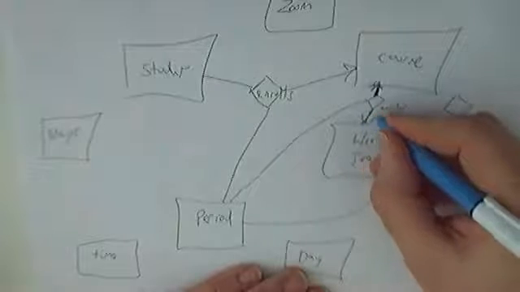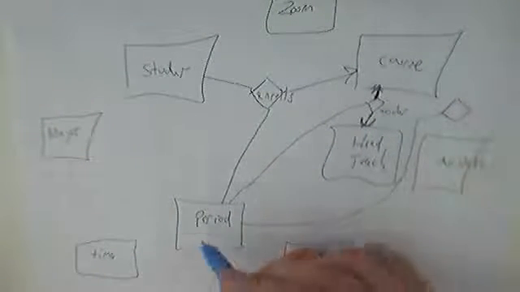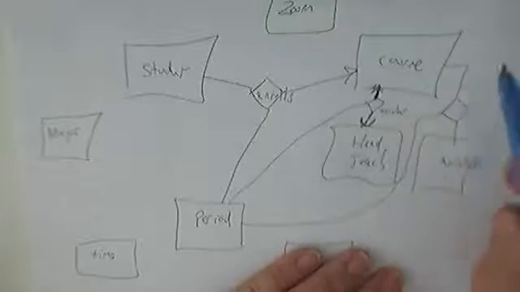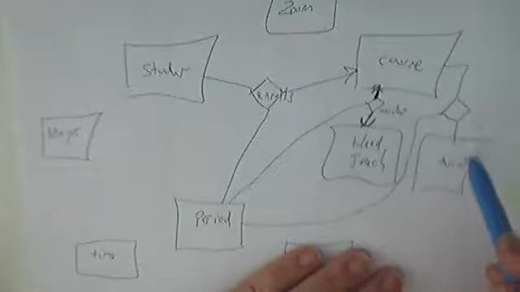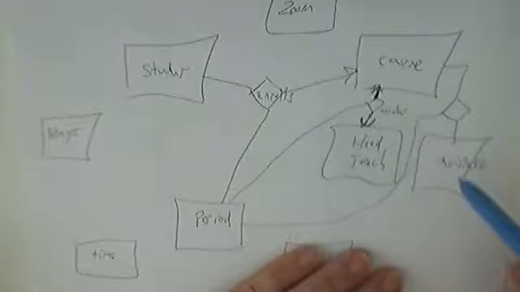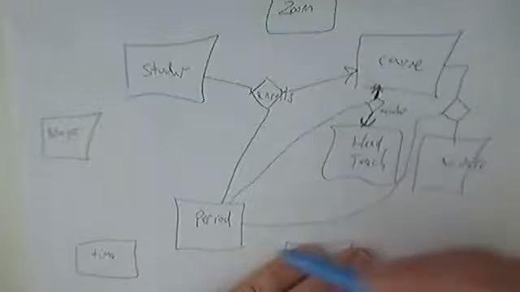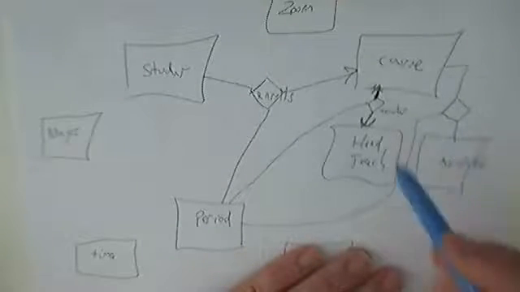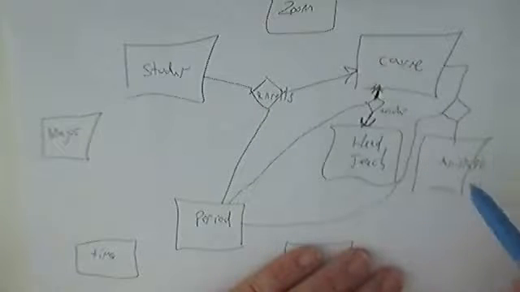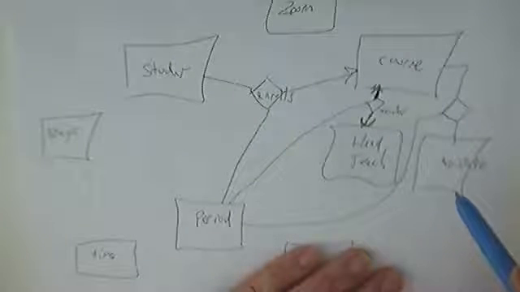So I put this in here like that. And then with assistance, period, assistant, and course, I believe this just remains a full many to many, because you could have many assistants over the years, and there's really no restriction on it. It's a full many to many among all the participating entities.